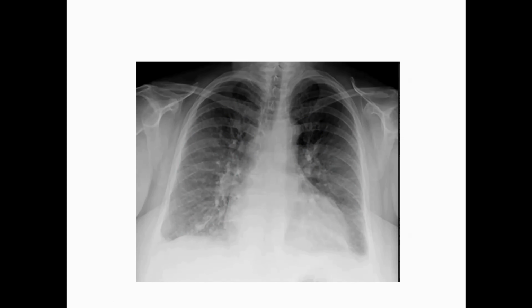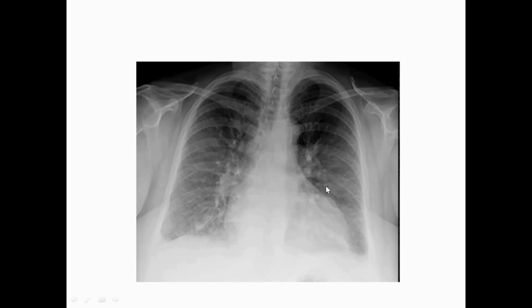You can describe it as airspace shadowing, or densities symmetrically radiating from the hilar region toward the periphery in a bat or butterfly distribution.